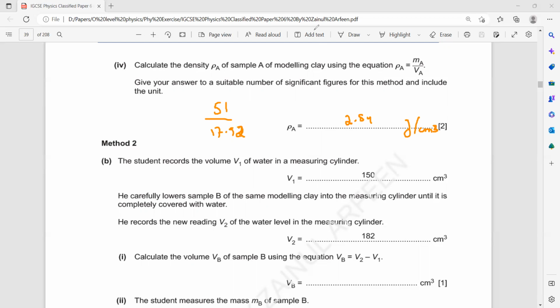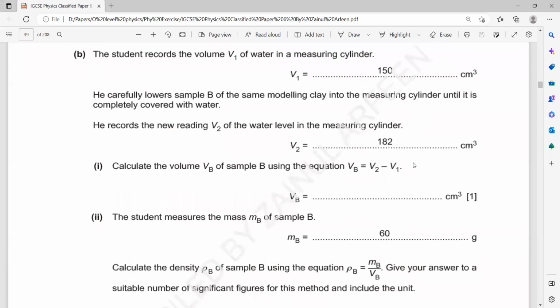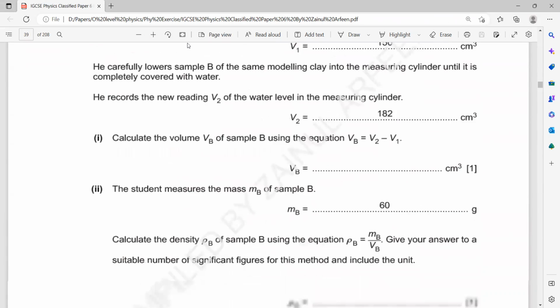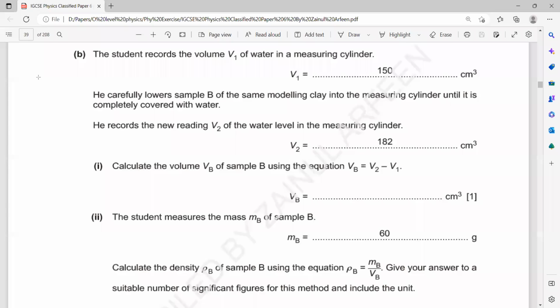The next one, method 2, the student records the volume using a measuring cylinder. This is the displacement method the student uses. The student fills the measuring cylinder with 150 cm cube of water, then adds the modeling clay to that.